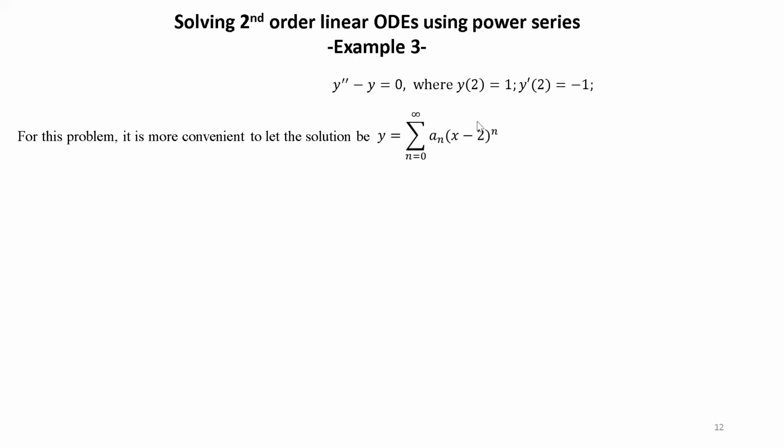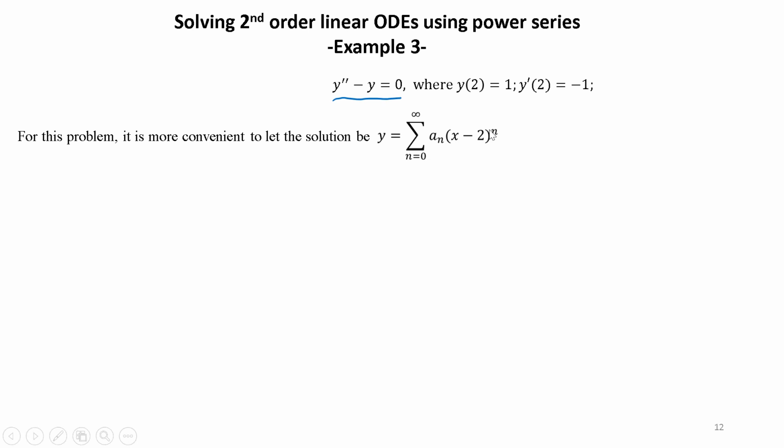So let's look at this example together. Again, this equation is what you can solve already immediately, right? So you know that this is just the exponential function. Okay. So this time, as I said, instead of x to the n, I have this x minus 2 to the n, right?